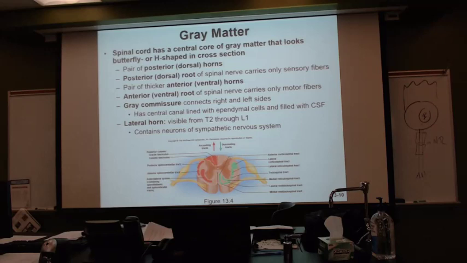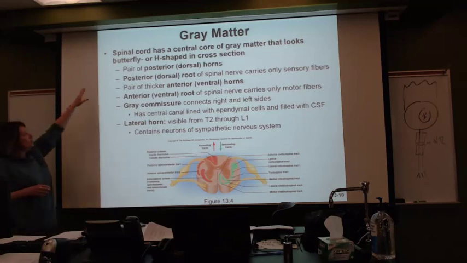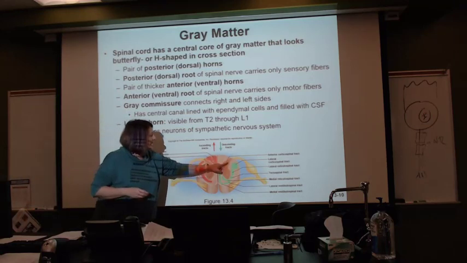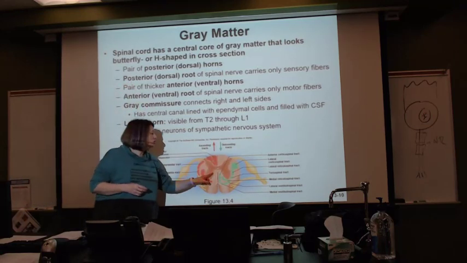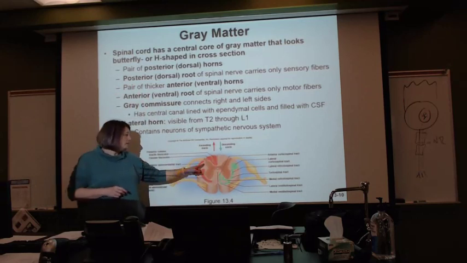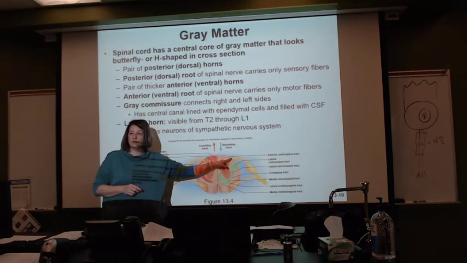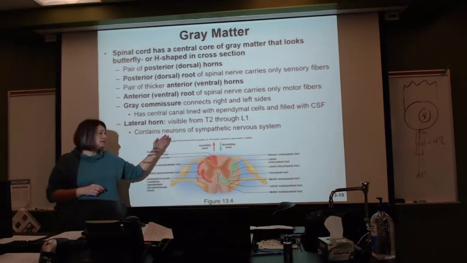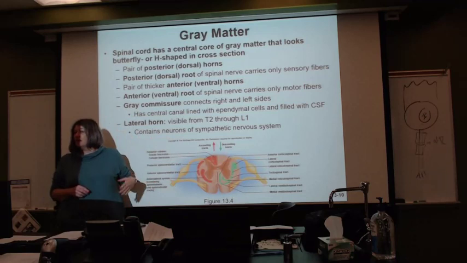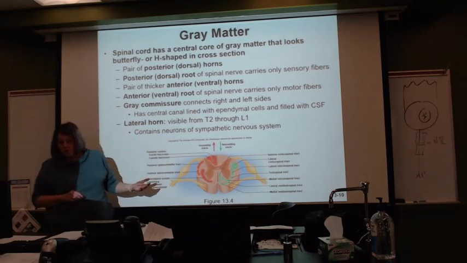In this matter, we have this H or butterfly shaped gray matter, with these horns. Because they're on the posterior side, they are termed the posterior horns.